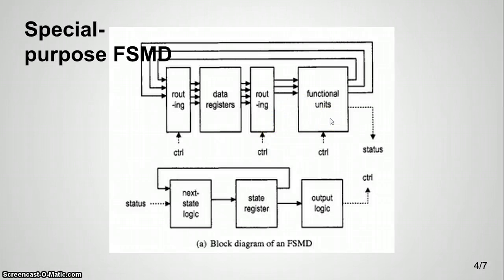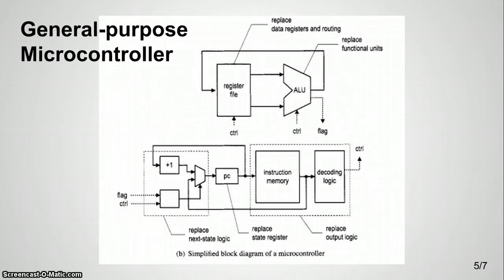To transform this into our skeleton PicoBlaze, we begin by replacing the customized data path with a fixed configuration to make it more general purpose. We use a register file to replace the data registers and routing networks. This register file has a fixed number of registers and contains only 2 read ports and 1 write port.